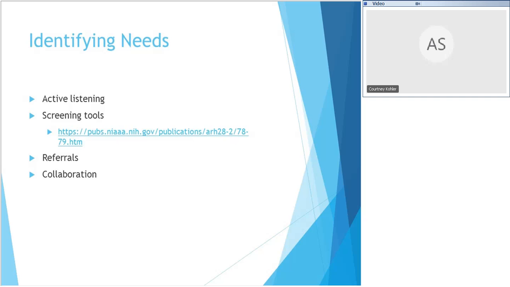So I have a link here to some of the screening tools that a lot of different agencies use when they're looking at doing some screenings for substance use disorders. These are screenings that the average layperson can use. A lot of times child welfare uses them. Doctors' offices will use them. I think some of our WIC programs, the Women, Infant, and Children's programs, use them. And they're free, and they're fairly easy.